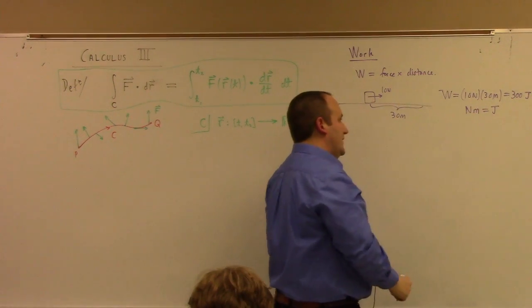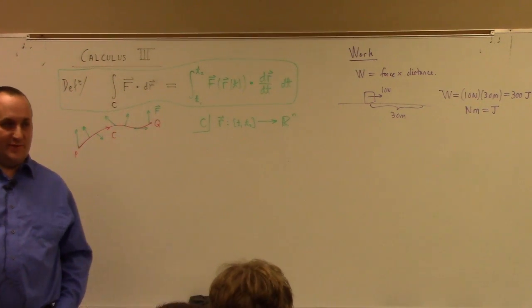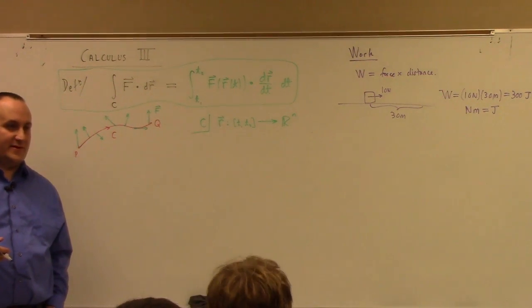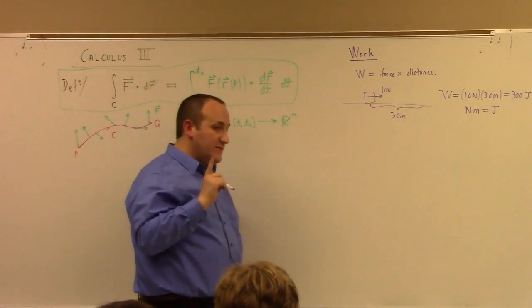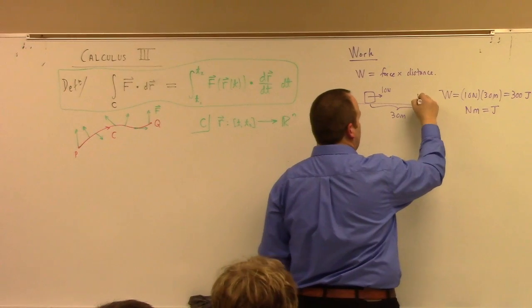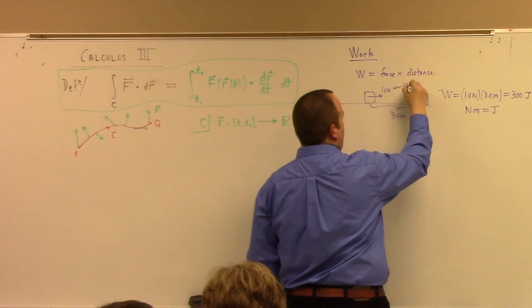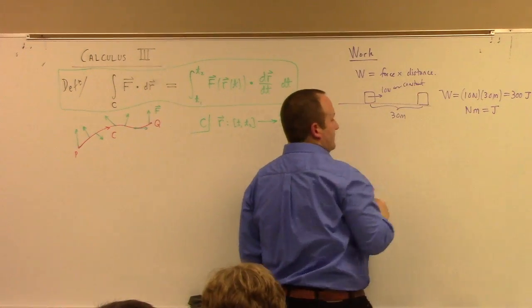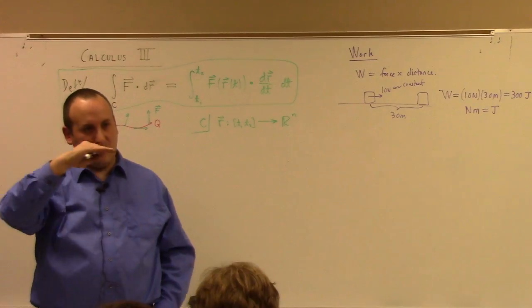It's not really obvious. That's a definition. There's this guy named Joule, we want to give him credit. So there you go. Force times distance. Now this assumes that the force was a constant force, and it also assumes that the force was done in the same direction as the motion.